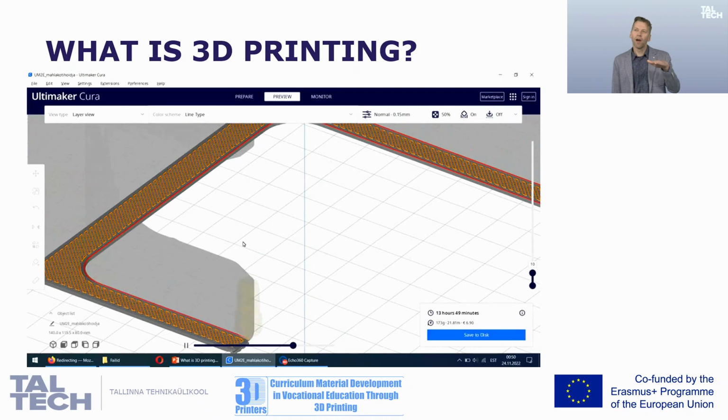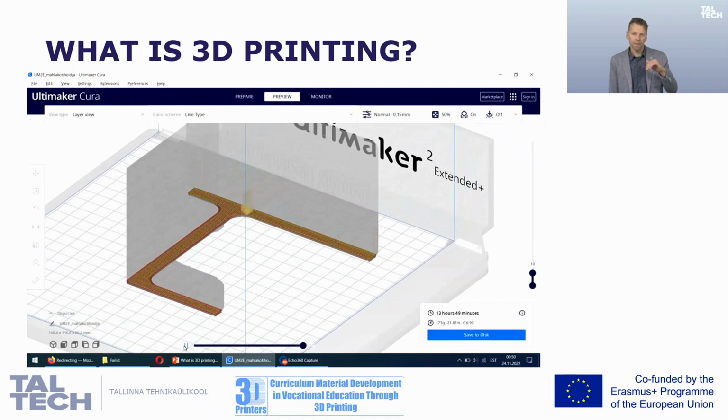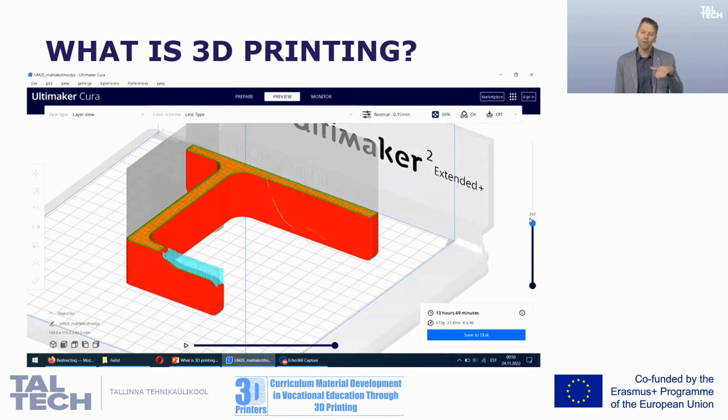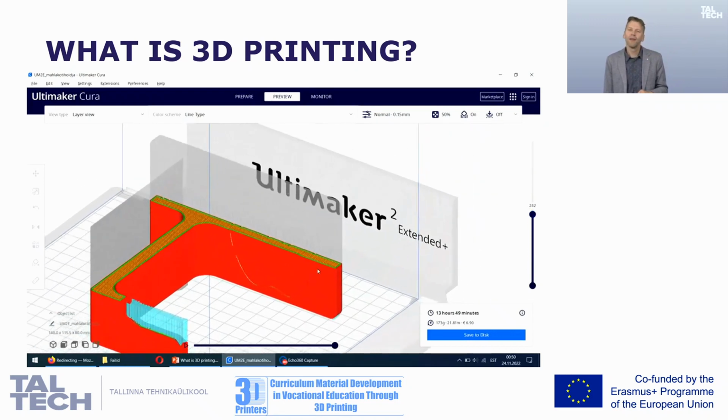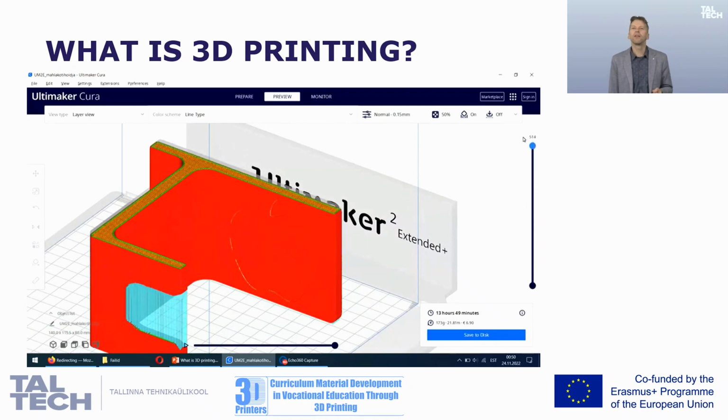First, we are placing the material only where the cross-section of the part has to be. Then we lower the platform, and we put another layer on top of this one, and so on and so on. With blue color in this video, you can see support structures.